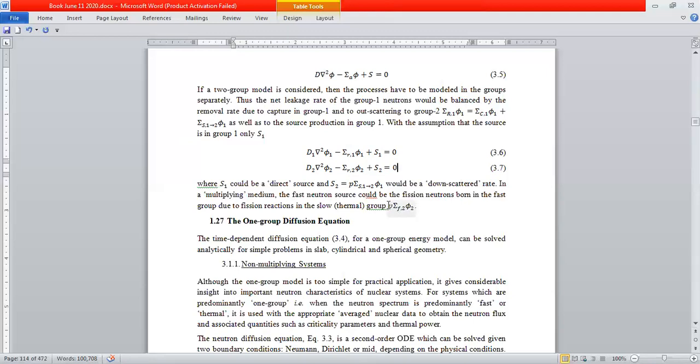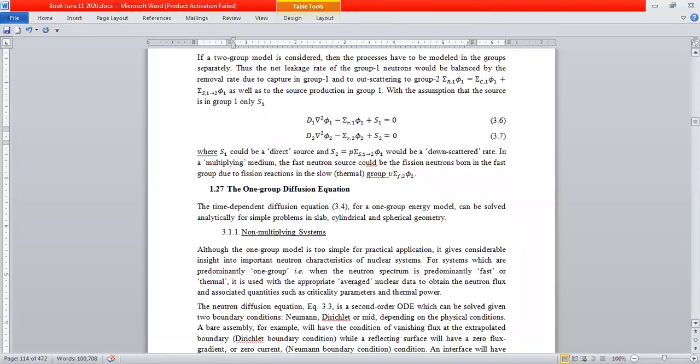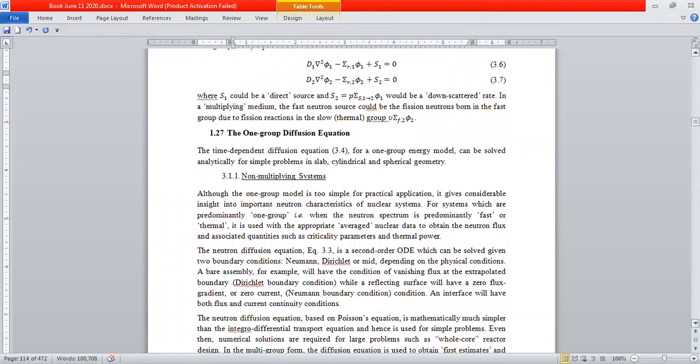And of course then we'd have to multiply this by chi of E, which is the contribution in that particular group. So for the time being, let's just stick with 3.5 for the one group case and 3.6 and 3.7 for the two group. As you can see, they don't look very difficult. They look like second order ordinary differential equations.